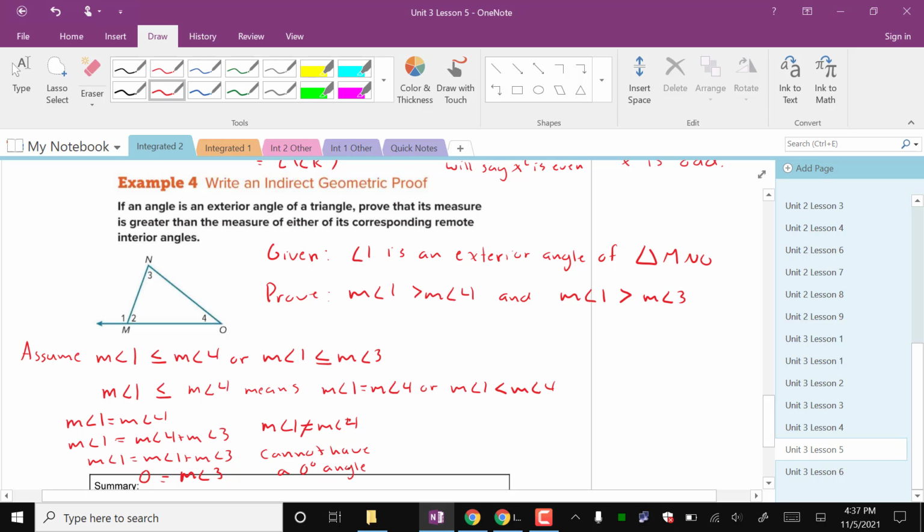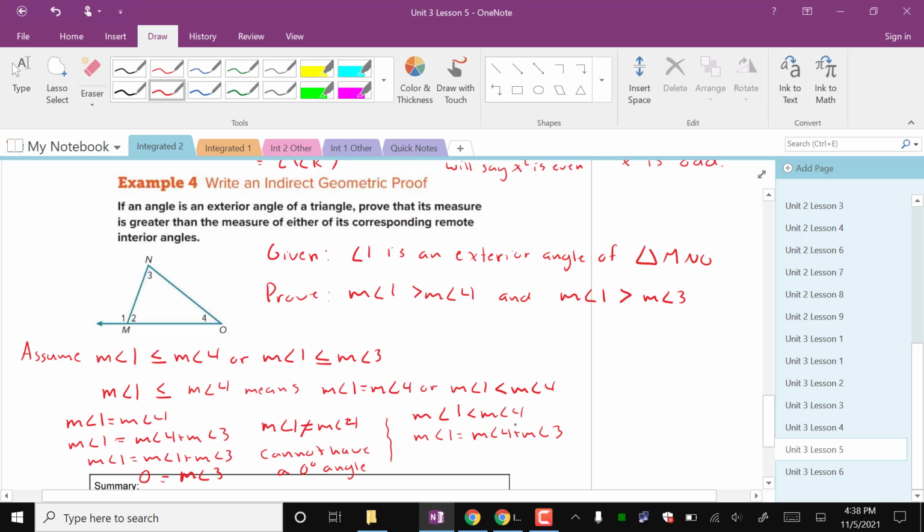Okay, for our triangle. Next up, measure of angle 1 is less than measure of angle 4. This is our second case. Well, by the exterior angle theorem, measure of angle 1 equals measure of angle 4 plus measure of angle 3.